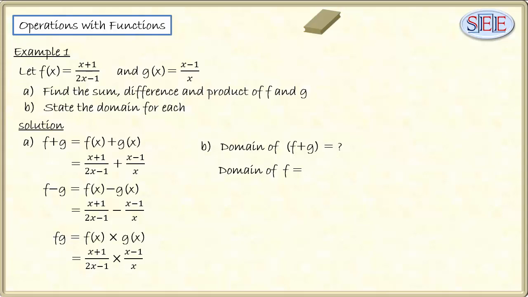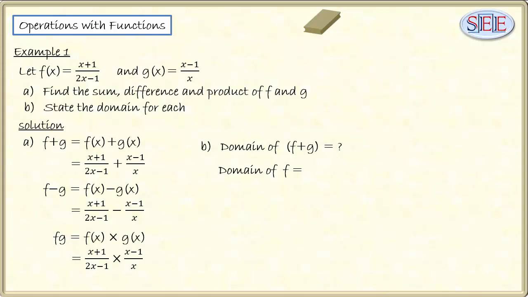So the domain of f will now be equal to, I will exclude the value of x that makes the denominator of f of x 0. To find that value of x, I will solve 2x minus 1 equals 0. If I solve it, I will arrive at x equals 1 over 2. So the value x equals 1 over 2 will make the denominator 0 in f of x.